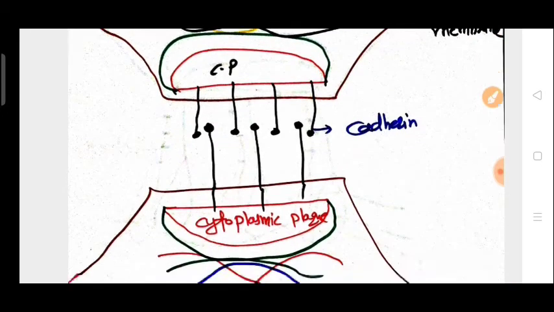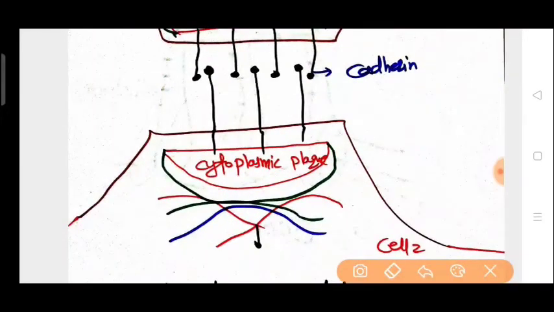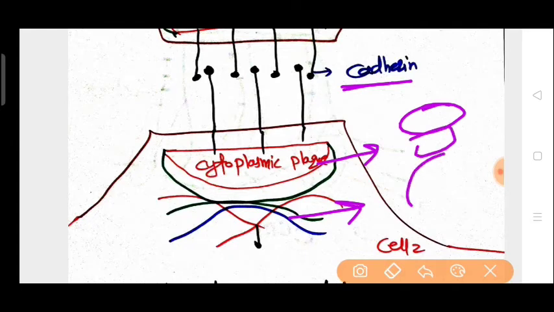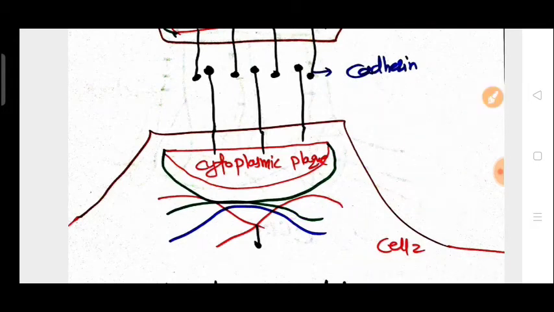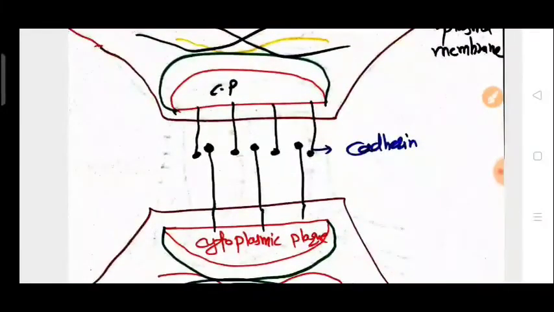Or you can also assume here this is your cadherin protein and these are the intermediate keratin filaments. So the cytoplasmic plaque is a mediator, like the tomato in a sandwich. This is your cadherin, this is your cytoplasmic plaque, and this is your keratin intermediate filaments. Okay, so it is simple as that. Don't get confused.